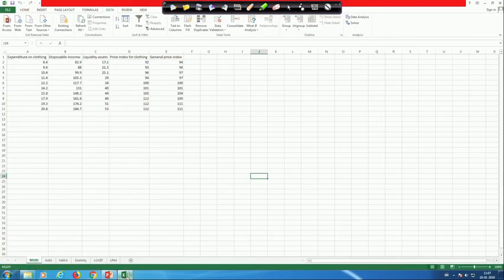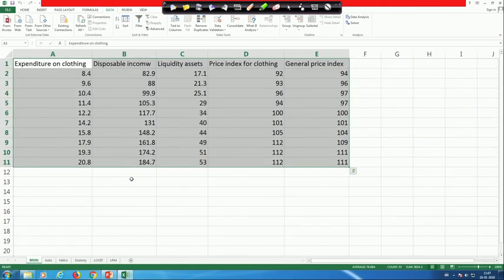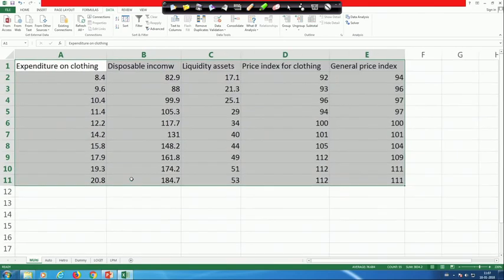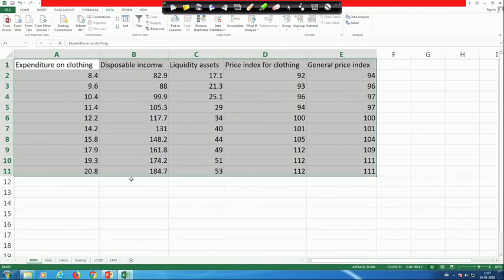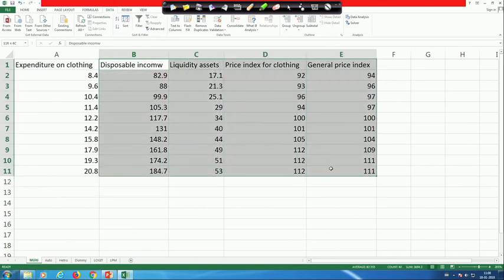Let us go to this spreadsheet, and this is what the data is all about. We have the following data set, and we would like to check whether there is multicollinearity or not. The first-hand check is to find the correlation matrix among the regressors.